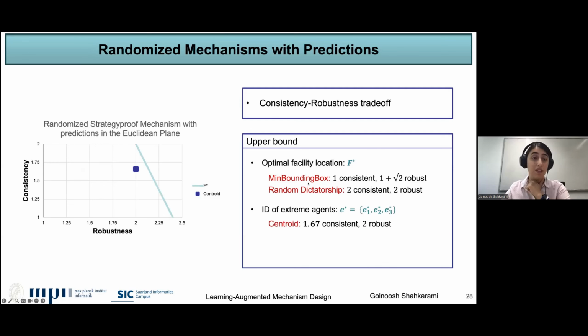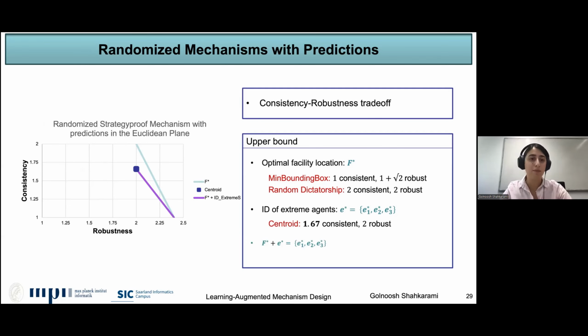We introduce a new mechanism called centroid of extreme agents, for which we have a prediction about the ID of extreme agents, and we could obtain 1.567 consistency and 2 robustness. We can again merge this mechanism using randomness with other mechanisms and get the purple line, and other lower bounds in other prediction settings as well.